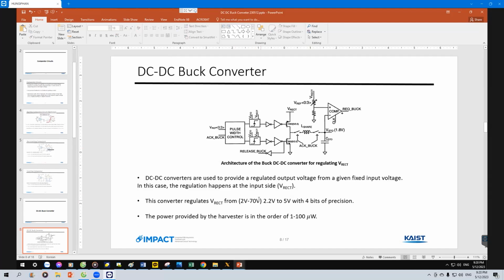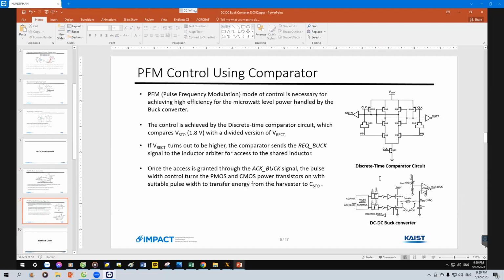So when the range is larger, the reference is also larger, so it will not be 4 bit, but you need more bits here.